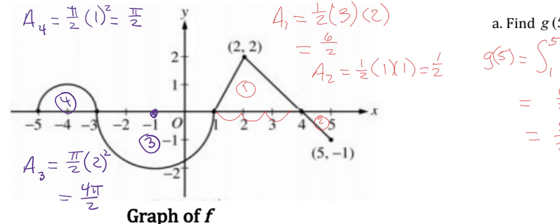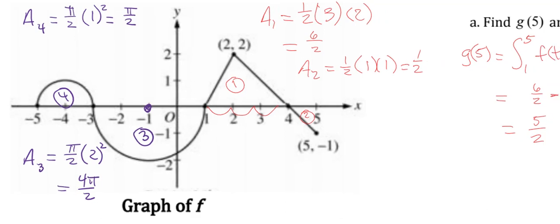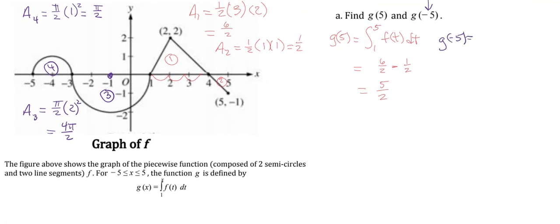When I go to determine the value of g of -5, g of -5 is going to be the integral from 1 to -5 of f of t dt. Notice our lower limit of integration is 1 and our upper limit of integration is -5. So one approach is to flip that and make it the opposite of the integral from -5 to 1 of f of t dt. If you do it that way, you put a negative sign out in front and then do all your calculating.